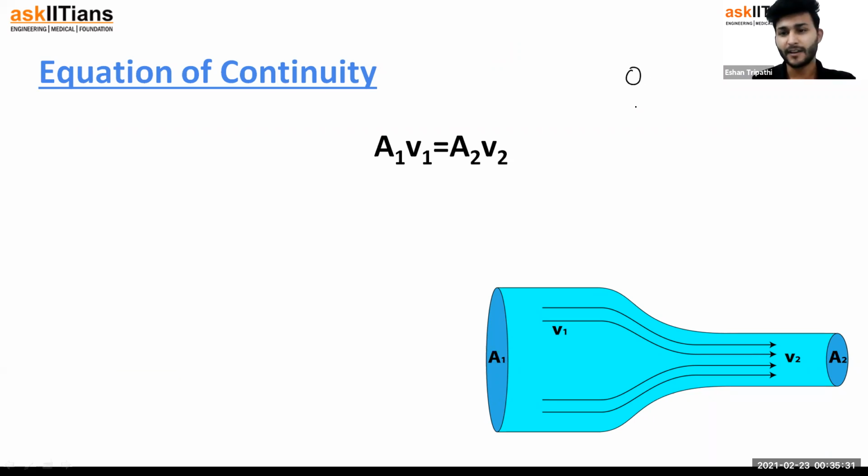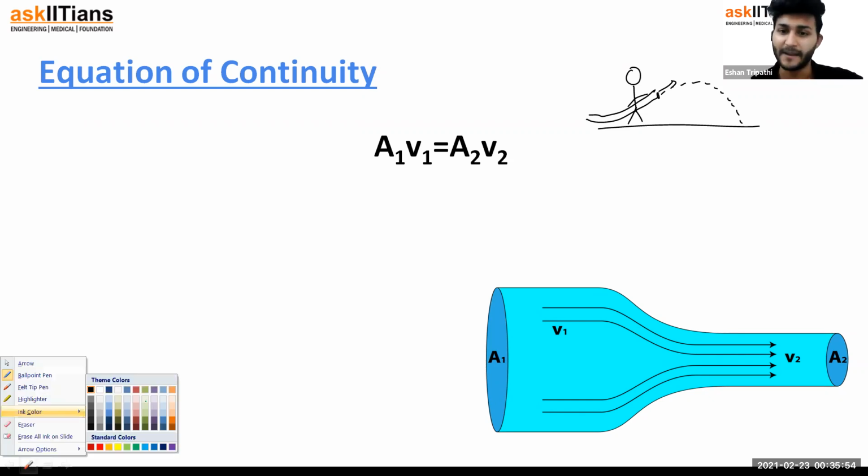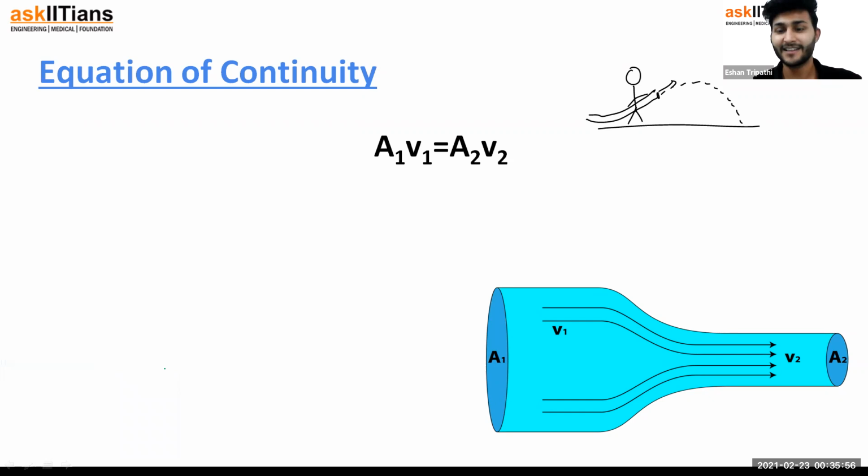You are standing over here, holding the pipe of water, and water is coming out of it and falling. Now, if you want to increase the range of this falling water, basically increase the speed with which the water is coming out, what will you do? Don't you think you cover half of the pipe, or a little bit more or less, with your finger?